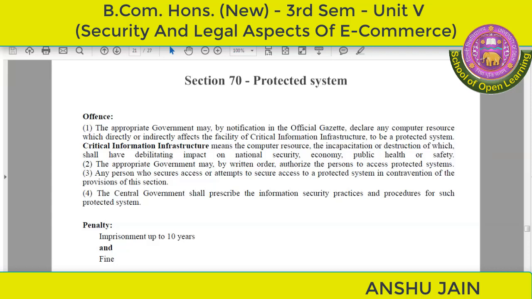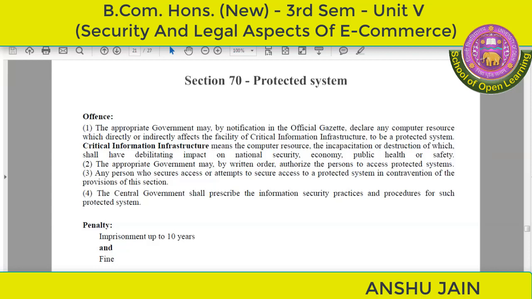Basically, we are notifying in the gazette that he is the person who has the authority to access the protected system. And unless the person has the authority, in case some other person is trying to have the access, then he will be liable for the penalty.